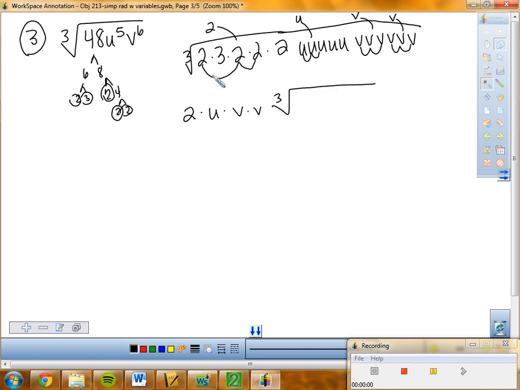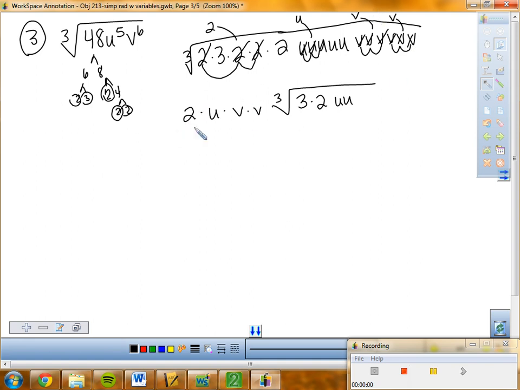I rewrite my third root, and if it helps to cross out the things you pulled out to see what's left over, that might be helpful. So then I have a 3, a 2, I have 2 u's left over, and I don't have any v's left over.